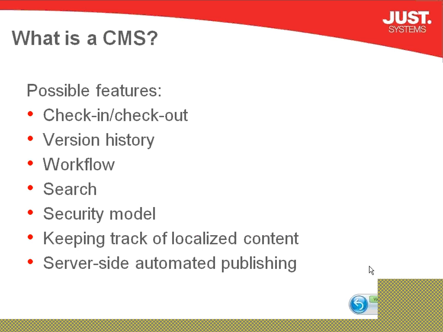They often have features that are helpful if you're localizing your content and being able to keep track of what's been localized. And they also often have features for managing the publishing side of things, so actually delivering content. So these are the kinds of things that people want to consider a content management system.